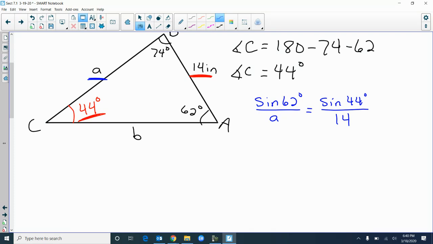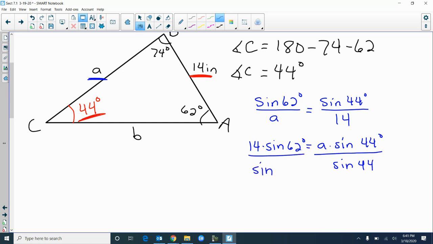Now we're going to cross multiply. 14 times the sine of 62 equals A times the sine of 44. Divide by the sine of 44. And so we have side A equals 14 times the sine of 62 over sine of 44 degrees.